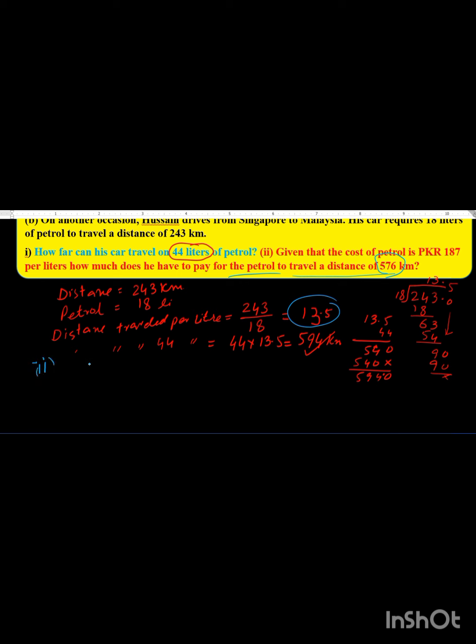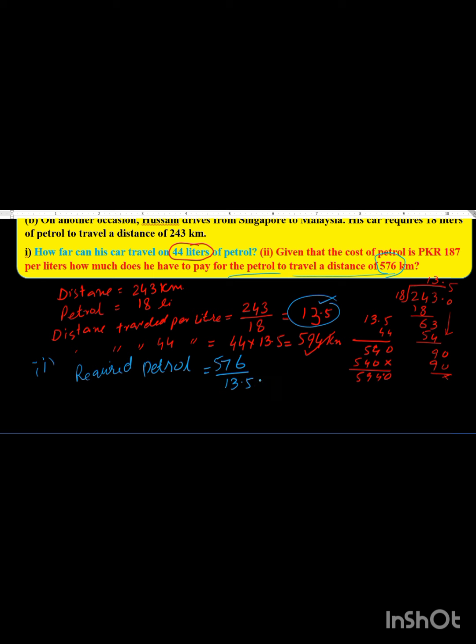So first we have to find the petrol required for 576 kilometers. So it means you have to divide 576 by 13.5.